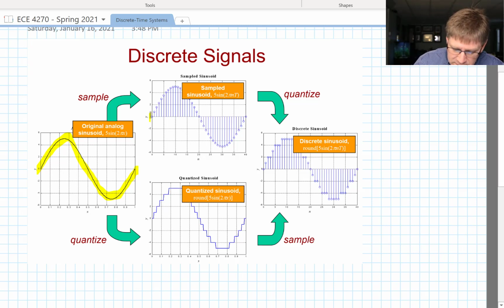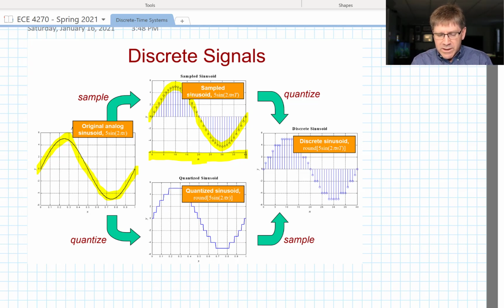And so we can see on this upper plot we have discrete samples, and we have indexed those by n. We could also have assigned the actual time value to each of them, but we'll find that the index works just fine.